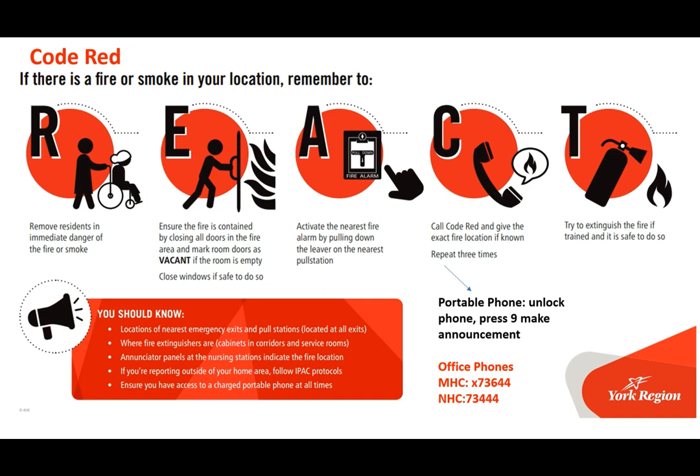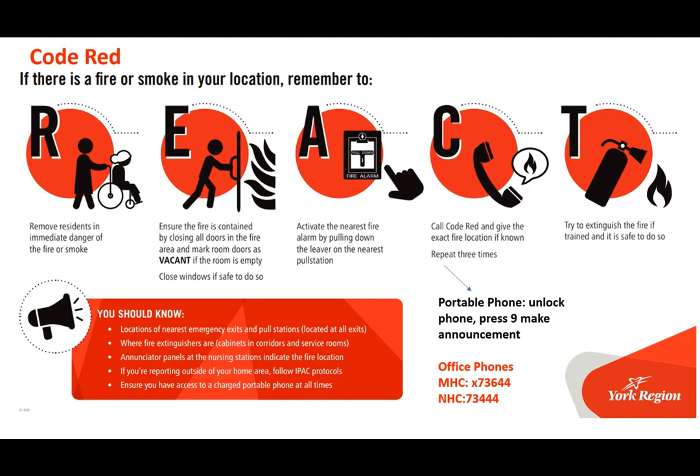Call code red and give the exact fire location if known, and repeat 3 times. This goes for any emergency. When you're making an announcement using your portable phone, you would unlock the phone, press 9, and make the announcement. And repeat it 3 times.